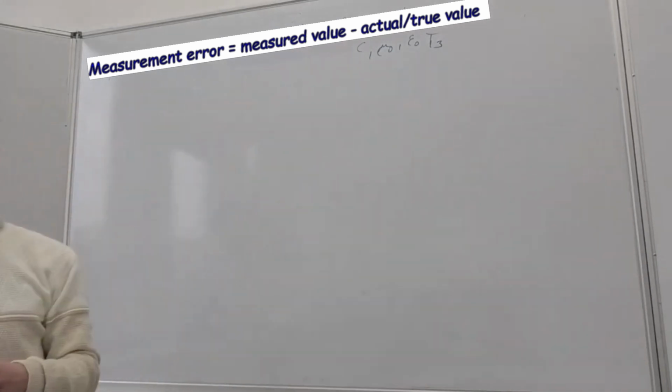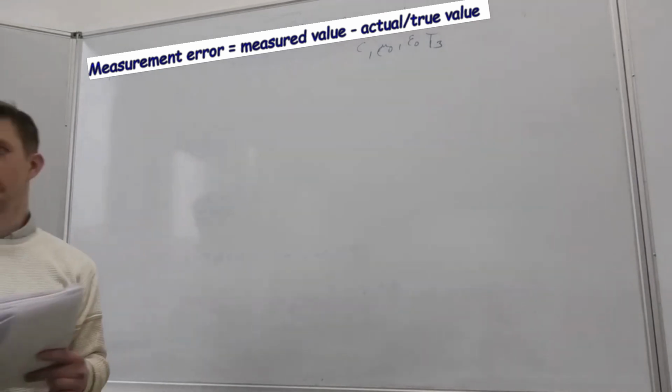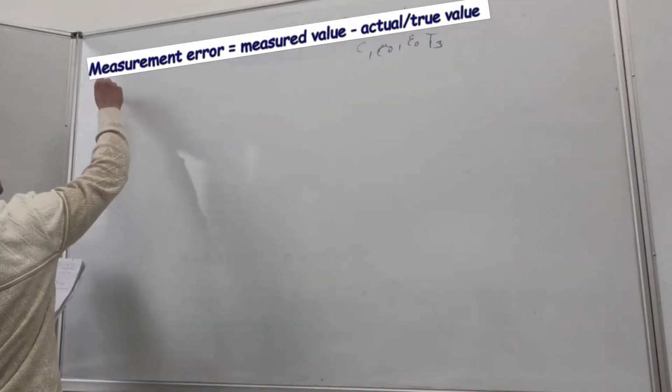And then, when we replace it with the conventionally true value, we get the absolute measurement error from this relationship.